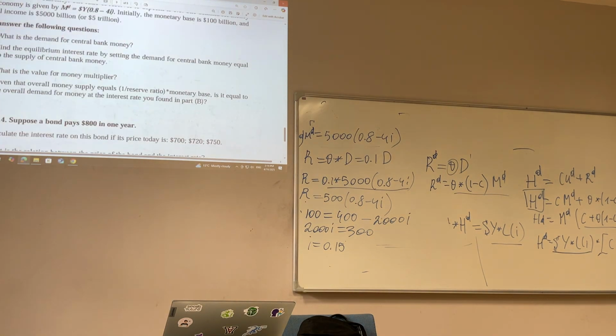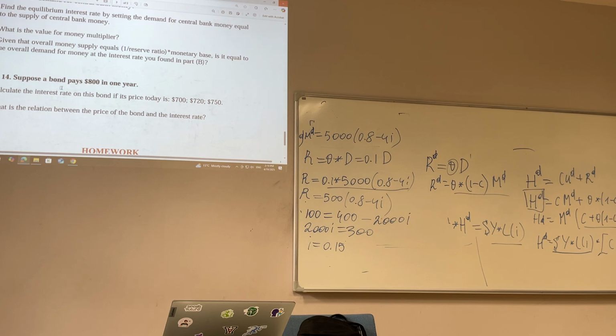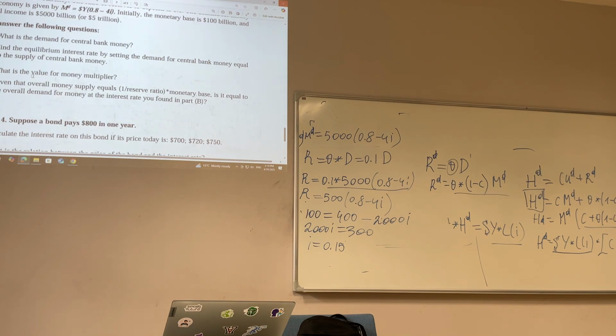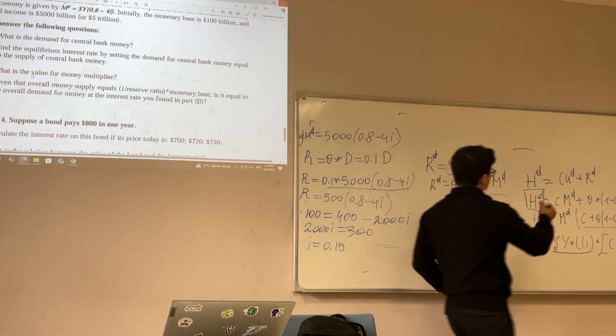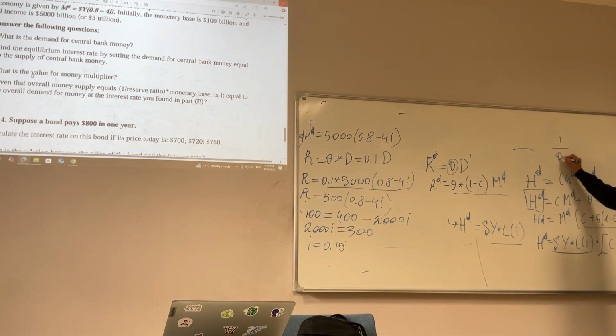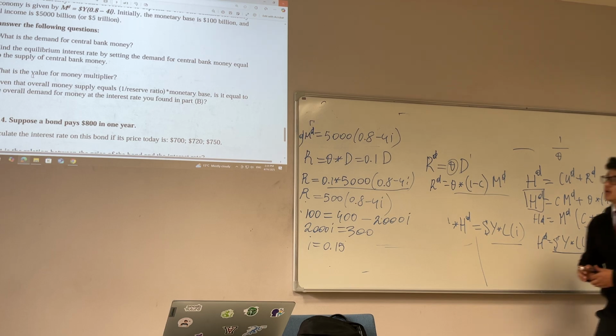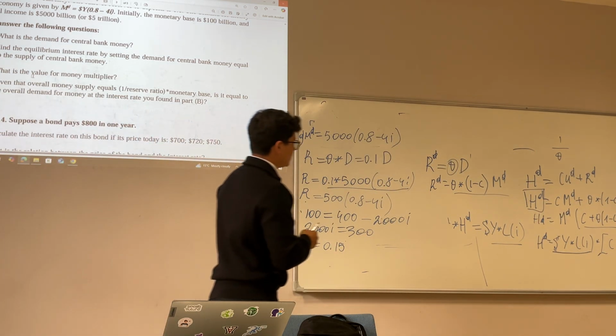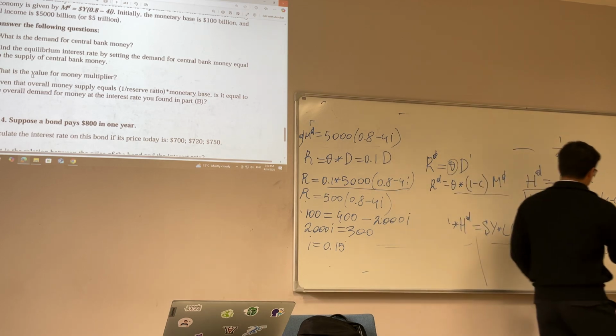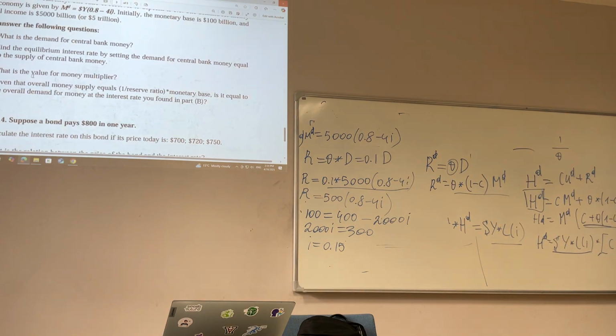Guys, part B is easy, right? Now what about C? What's the value for money multiplier? Our multiplier is 1 over theta. Why you might say that, but it was like this, right? Our multiplier was 1 over C plus theta times (1 minus C).